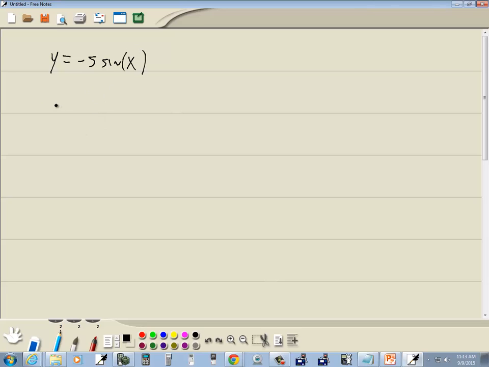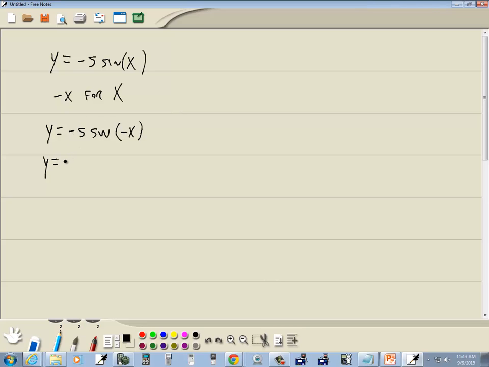Okay. Now, if we put negative x in for x, let's try that. So we've got y is equal to negative 5 sine, and then we'll put negative x in for the x. Well, this is an odd function, and what an odd function means is that if you have a negative here, you can take that negative and put it on the outside.